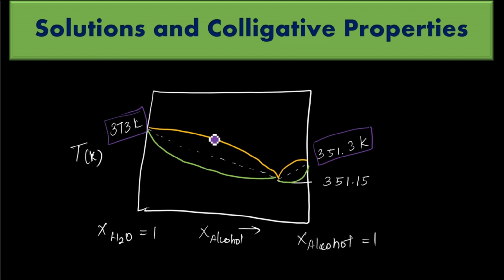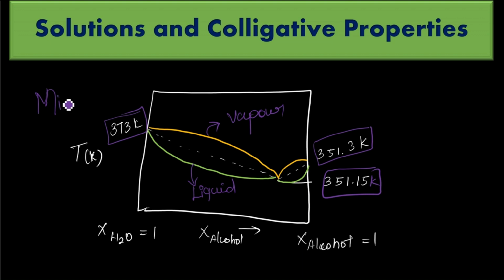As you can see, the yellow ones represent the vapor composition and the green ones represent the liquid phase, and the dotted lines show the normal behavior. This graph clearly shows at what point it boils: 351.15 Kelvin. So this is an example of a minimum boiling azeotrope.